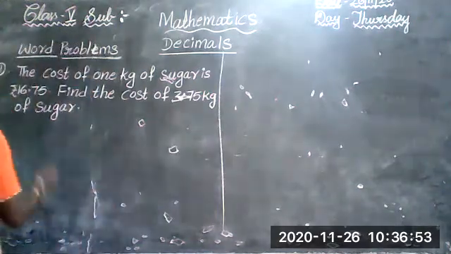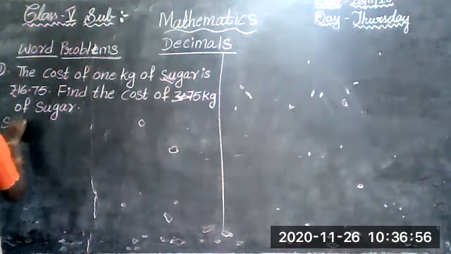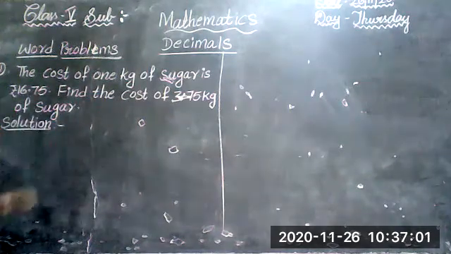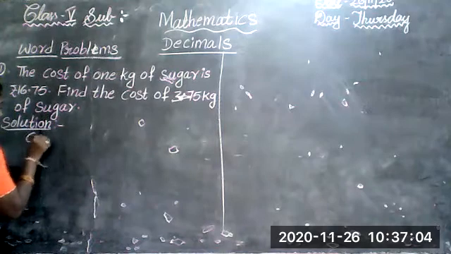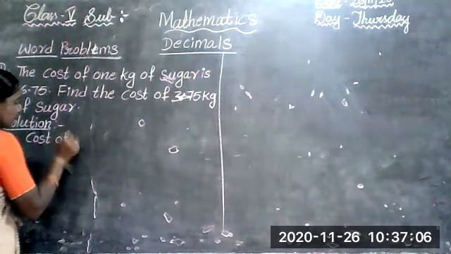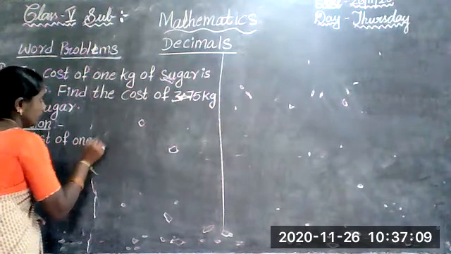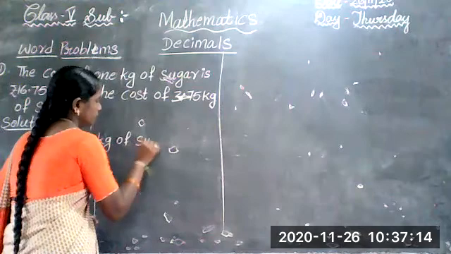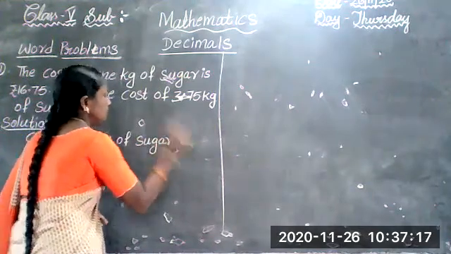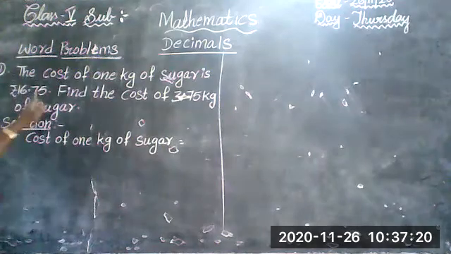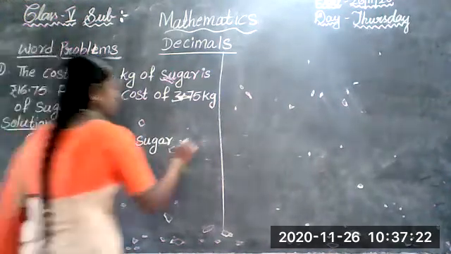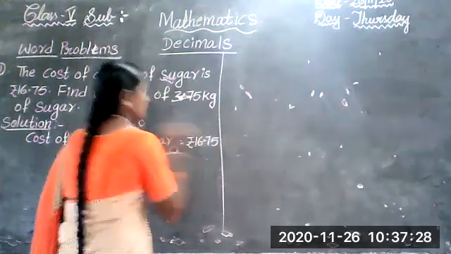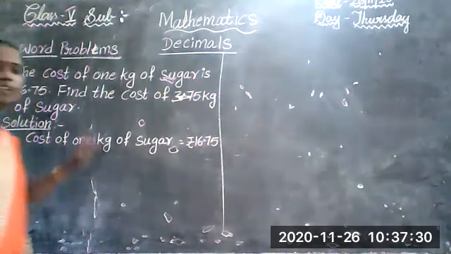Write down: cost of 1 kg of sugar. How much cost? Rupees 16.75, 16 rupees 75 paise.